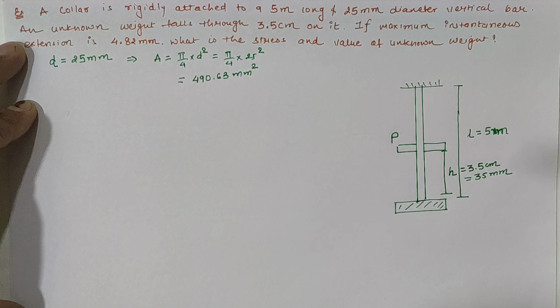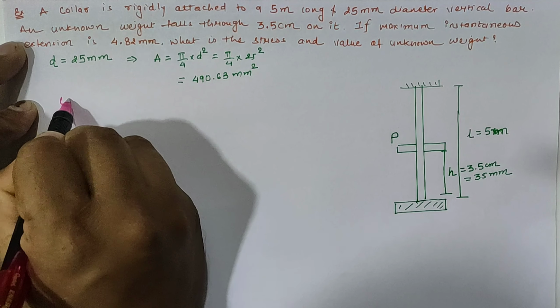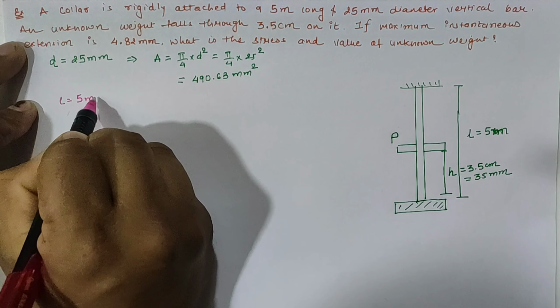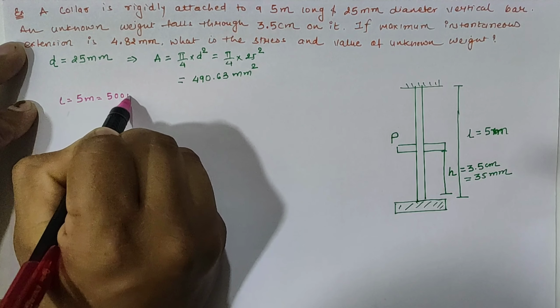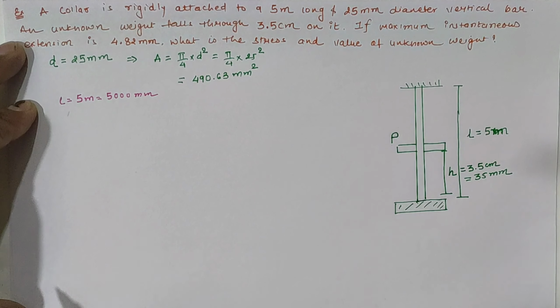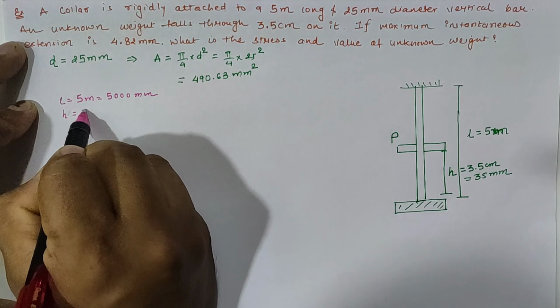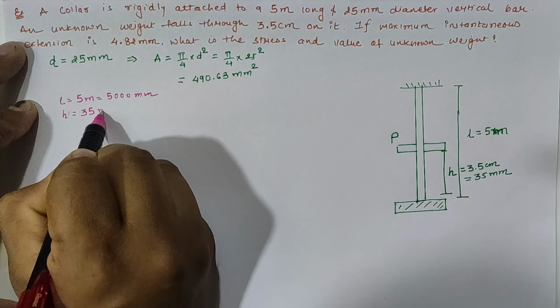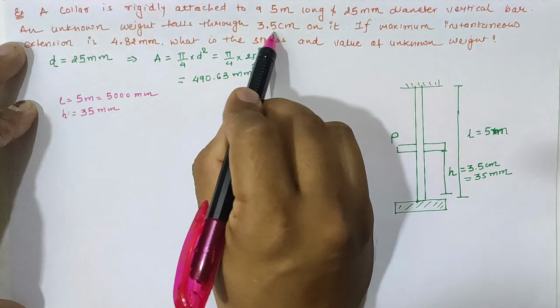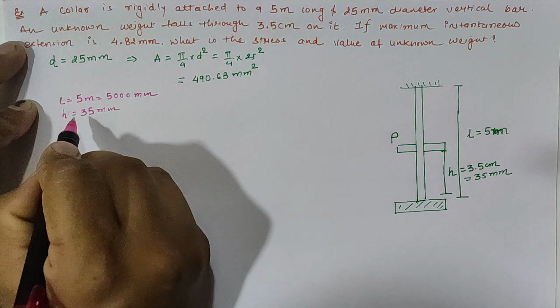Now the next data is the length of the bar. The length is given as 5 meter, which is 5000 mm, and the height of fall is given as 35 mm, or 3.5 centimeter.